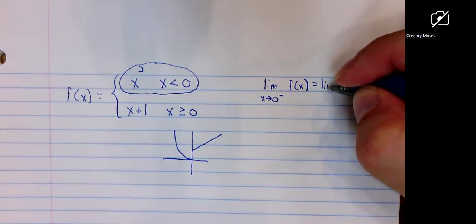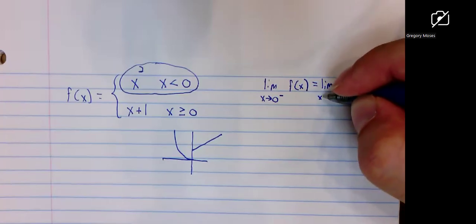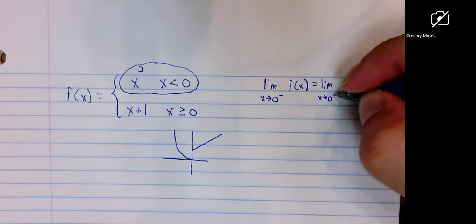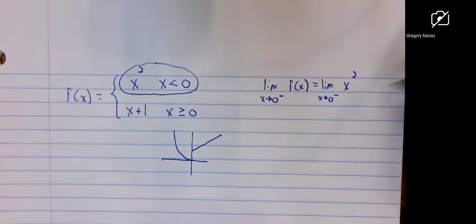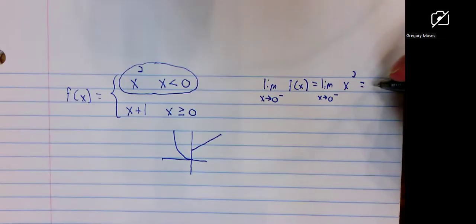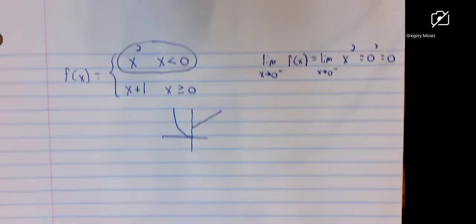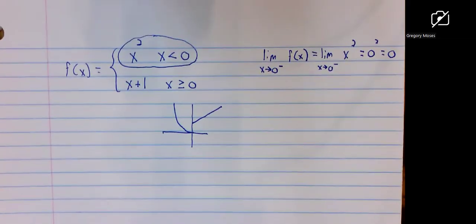And we've got the limit as x approaches 0 from the left of x squared. And then just like regular limits, this is a polynomial. We can just plug the 0 in. And we find that the limit is 0.